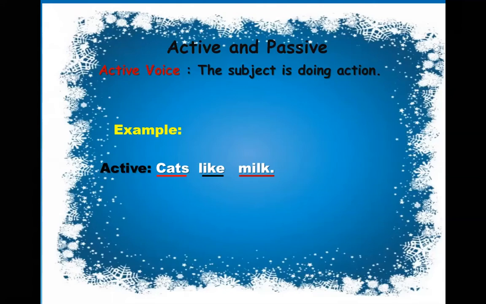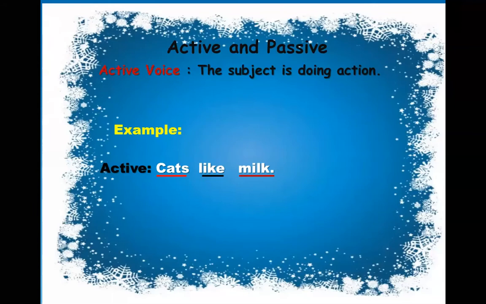So the action is more important than the one who does the action. In this case, we transfer the sentence into passive. What's passive? When the action is more important than the one who does the action. Maybe we don't know the agent or the subject. Maybe it's known. Maybe it's not necessary to mention it.